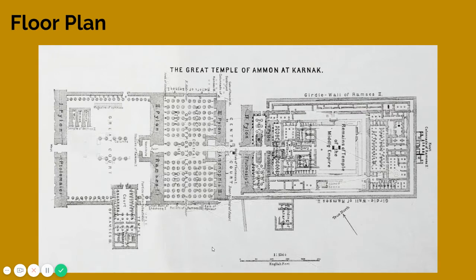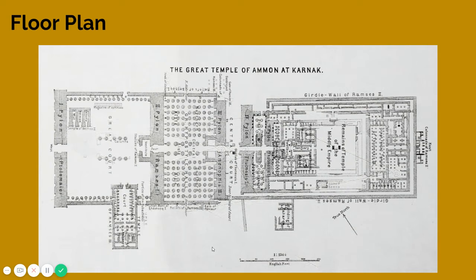You don't need to study every nook and cranny, but this kind of aerial perspective gives you a better understanding of these very humongous, large, complex places that will only increase once we get over to Greece and Roman architecture. There will be multiple buildings within one arena, and it's a lot easier to understand these complexes from floor plans.